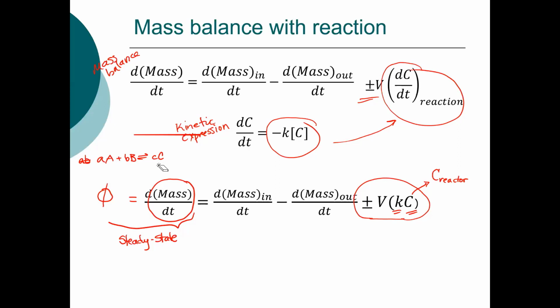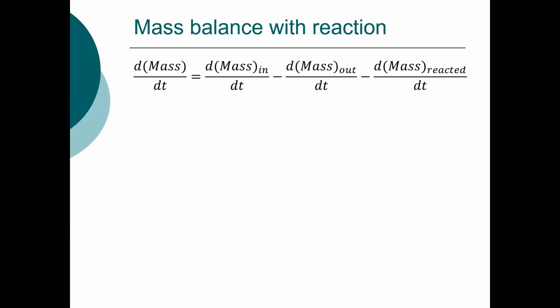But when we're talking about rate of accumulation, we're looking at a reactor system, and we're looking at the change in mass in that system. So when the rate of accumulation, change in mass with respect to time, is equal to 0, we're talking about steady state conditions.